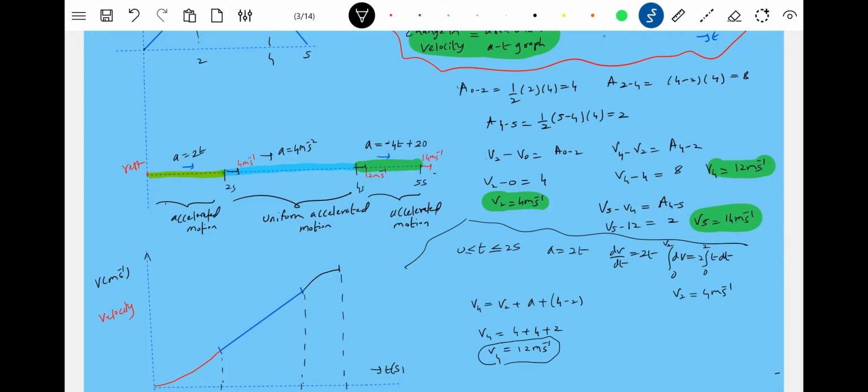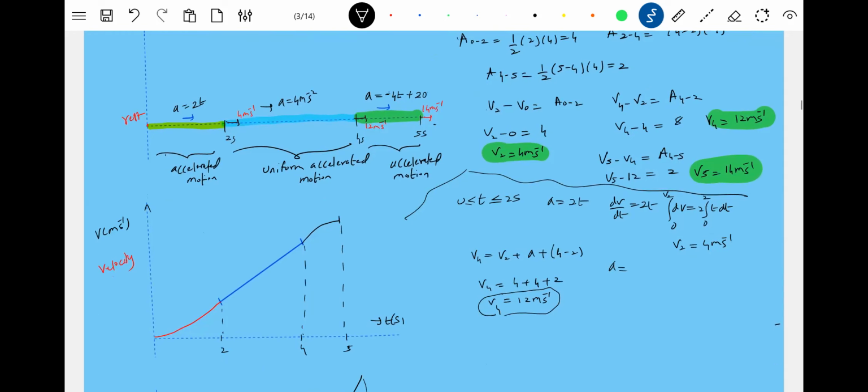What about the retardation? What is the equation? The equation will be A equal to, I have placed here, I'll scribble it. This is for the interval of time, and next for t less than 5 seconds to 4 seconds. So what is the equation? Minus 4t plus 20.